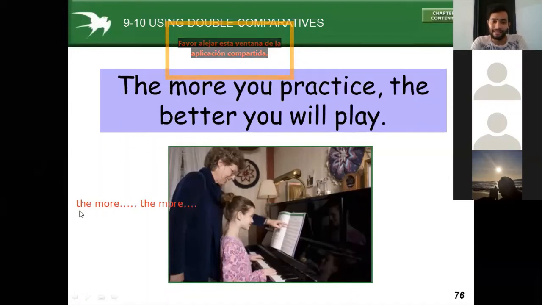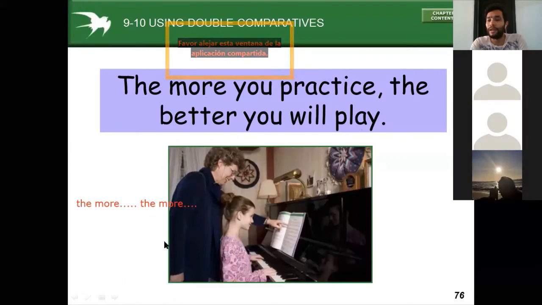Entre más, más, right? So, for example, entre más como, ¿qué pasa? Más engordas. Más engordas o más engordo, right? O más engordarás, why not? So, esta clase de oraciones, entre más, más, esta es la forma en cómo se hace. The more, con doble comparativo.